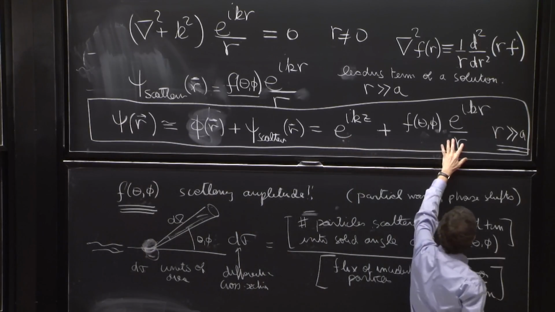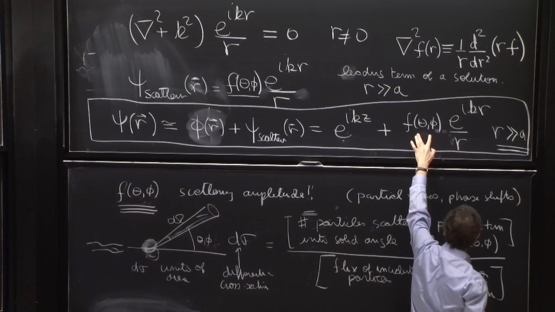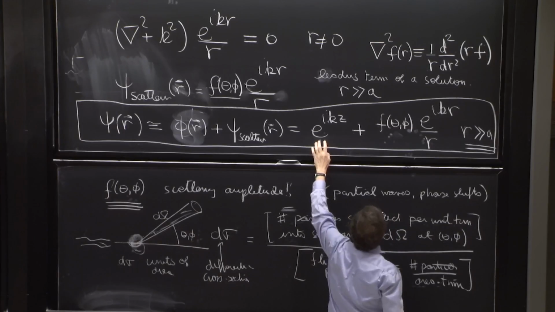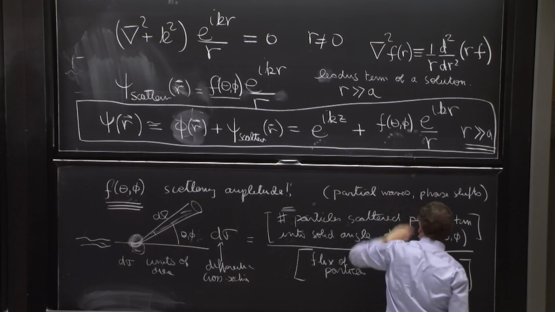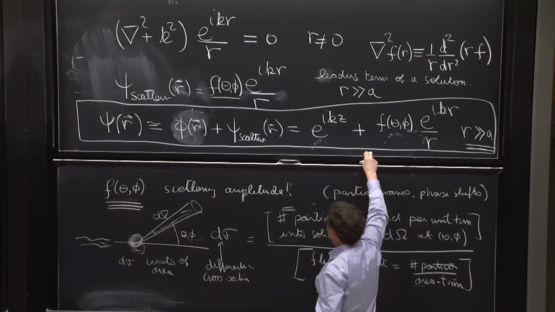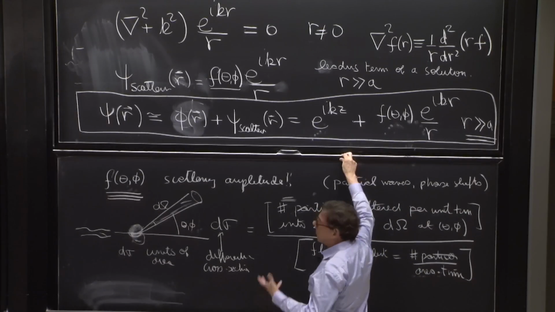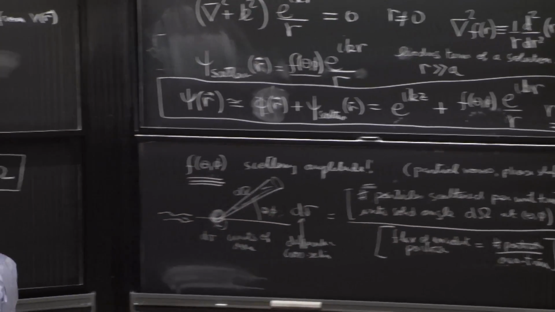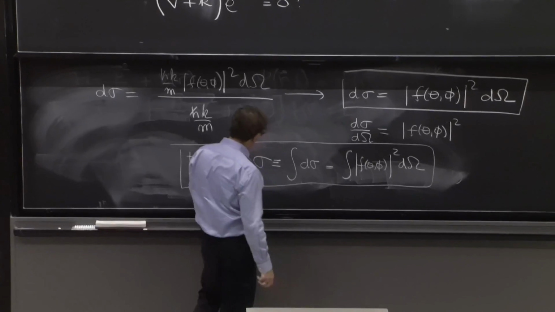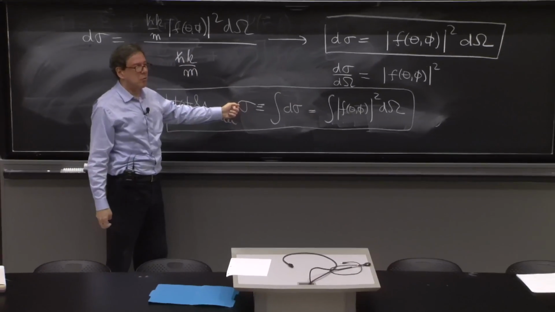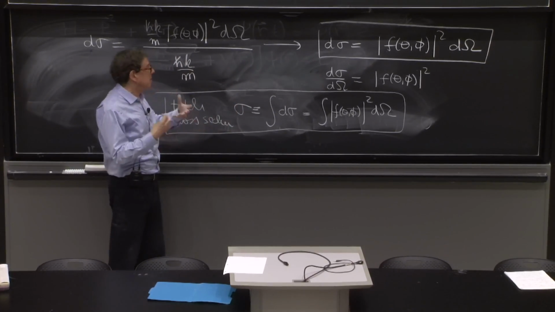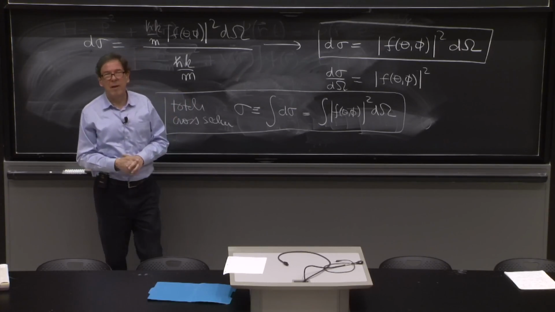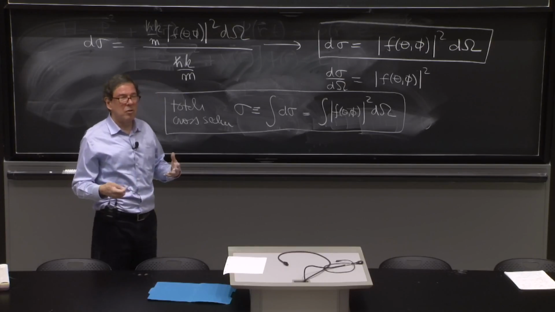A wave coming out modulated by a theta and phi dependence, and your incoming wave. This modulation is the thing that captures the effect of the potential and associates to the strength of this potential and its ability to scatter a cross-section which is measurable, which means a probability of interaction. These cross-sections are very important.